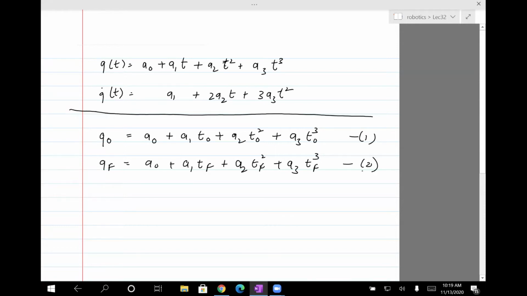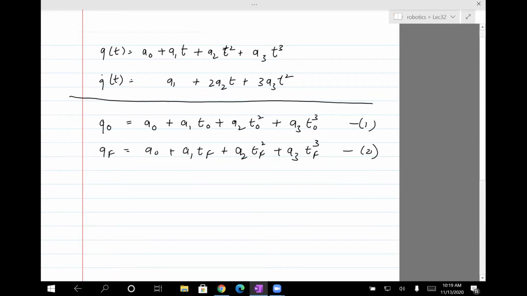That's equation 2. Okay. Third equation is q dot of t at time t equals t0, which we know is 0. So I'm putting t equals t0 in that expression. So I have a1 plus 2a2 t0 plus 3a3 t0 square. So that's equation 3.